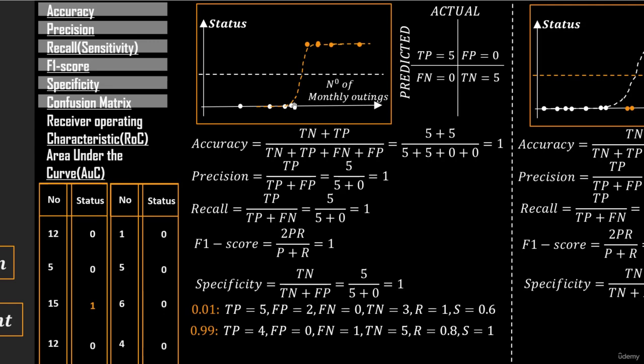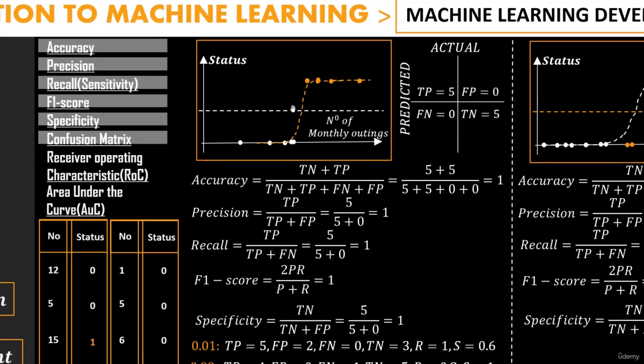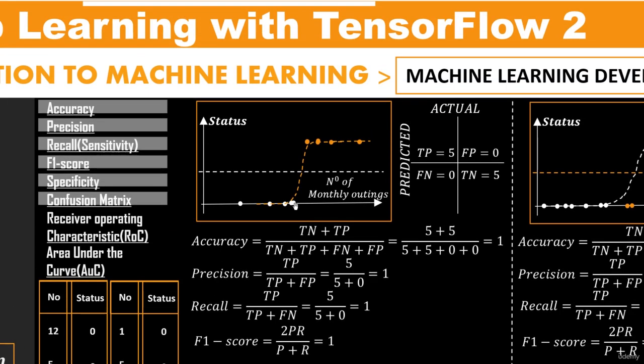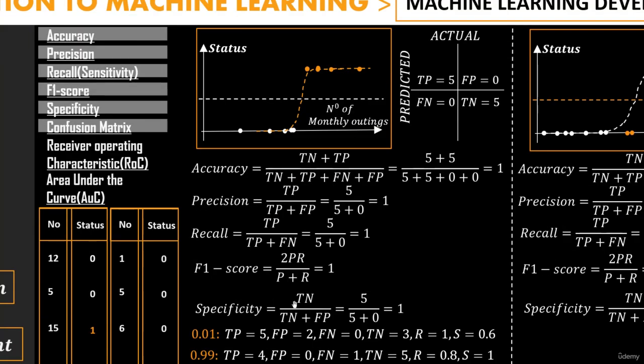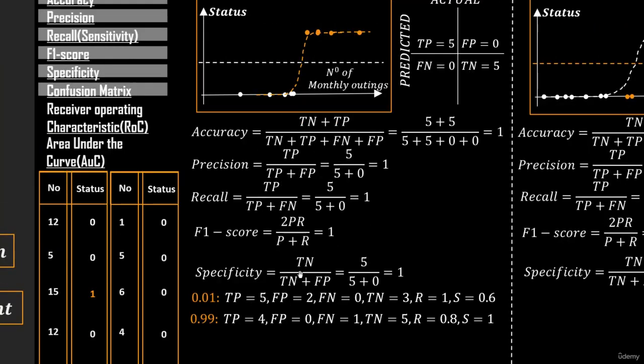In that case, we're going to be having 2 of these values, that is these 2 points, which are going to be considered as status 1. That is, we're going to consider these 2 data points as having the virus. So in this case, we have the number of true positives, which is still 5, because we have 5.